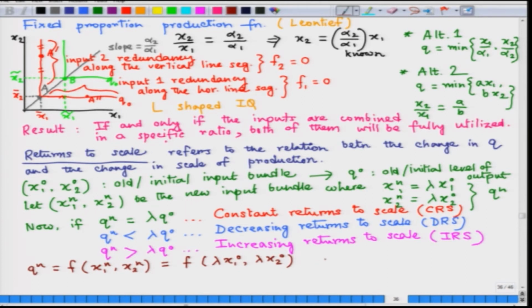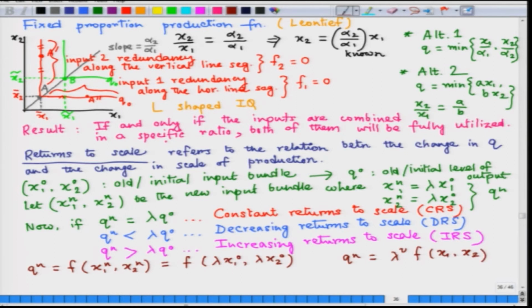So, one can now factor out lambda, and we can rewrite the production function after scale change as lambda to the power v times the function of x1 and x2.